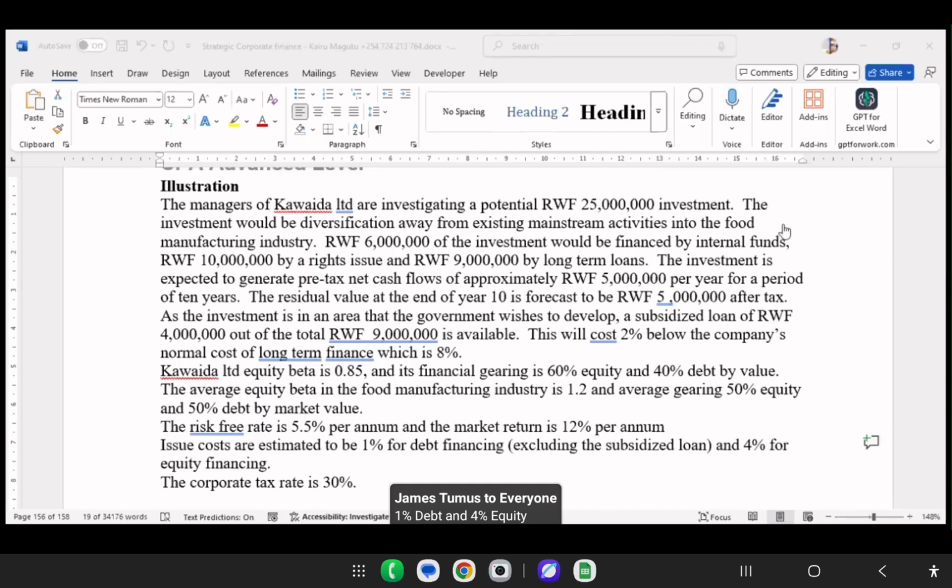How much is the interest? Not the interest, I need the amount. How much is the total flotation cost in amount? Someone is giving 467, another one is giving 250. I need to see how much you have.